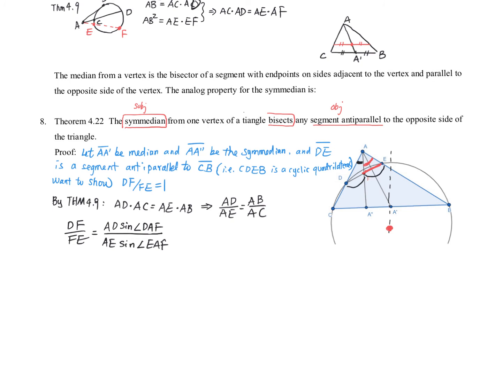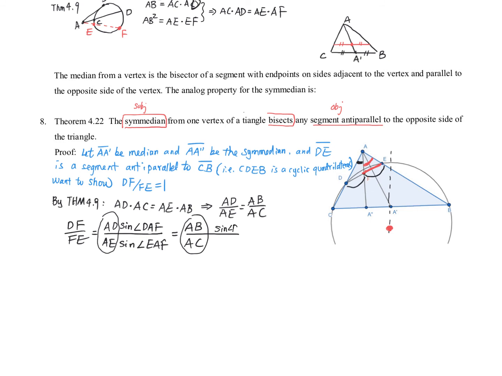Now we just do a sequence of substitutions, which is equal to AB over AC. I hope that you see what the substitution is. This is really coming from here: AD over AE is actually equal to AB over AC. So that's what's going on there.